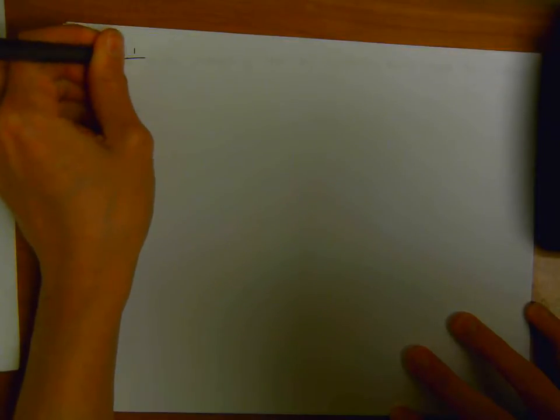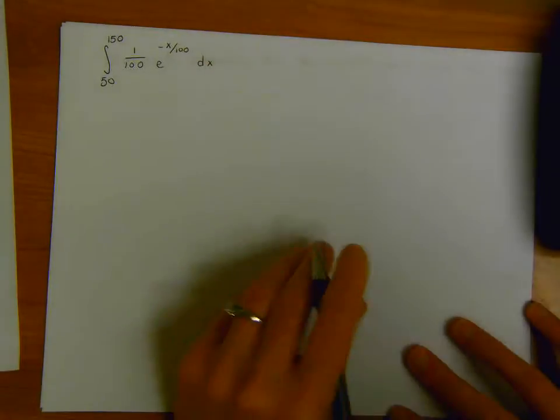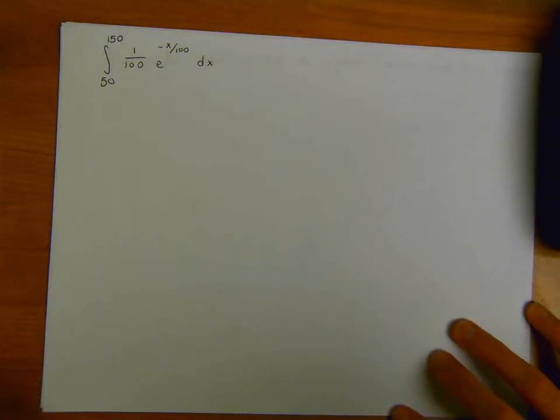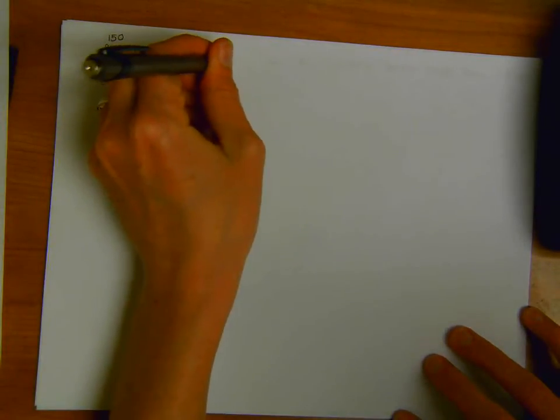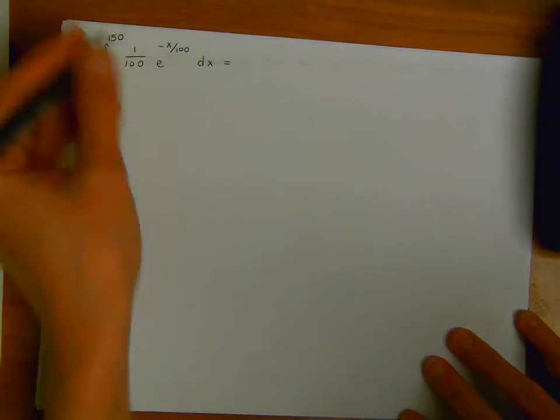So really we're just computing the integral from 50 to 150 of 1 over 100 e to the negative x divided by 100 dx. Once you strip away all the language, we're looking at an integral of something that we actually know how to integrate. I'm going to do a u substitution.